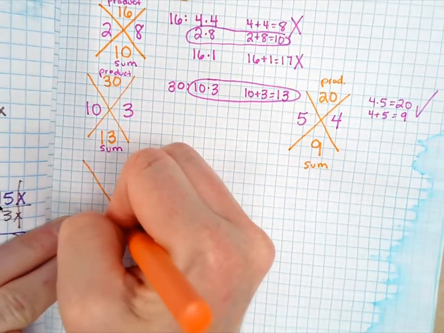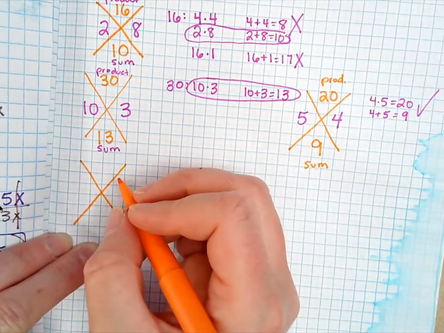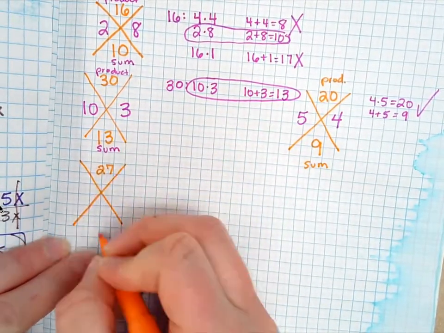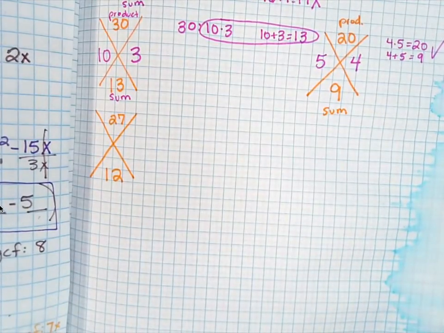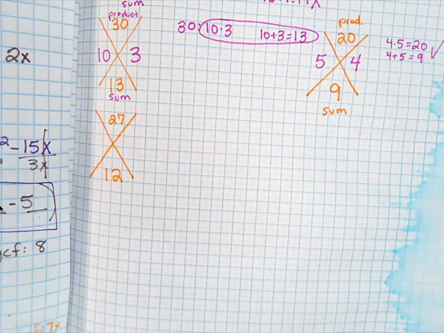Let's do another one. 27, 12. Product of 27, sum of 12.